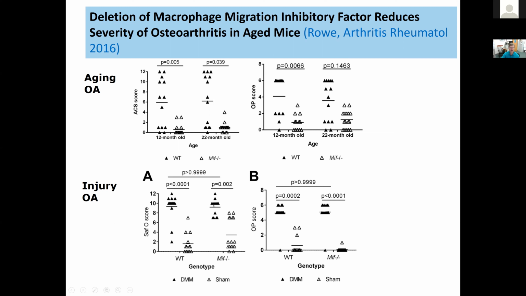These are the MIF knockout mice that had the surgery and the controls. You can see no difference at all in the MIF knockouts and the wild types, either in this score or in the osteophyte score. So in this case, MIF seems to be playing a role in age-related OA, but doesn't seem to have a role in injury-induced OA, at least in this model system.